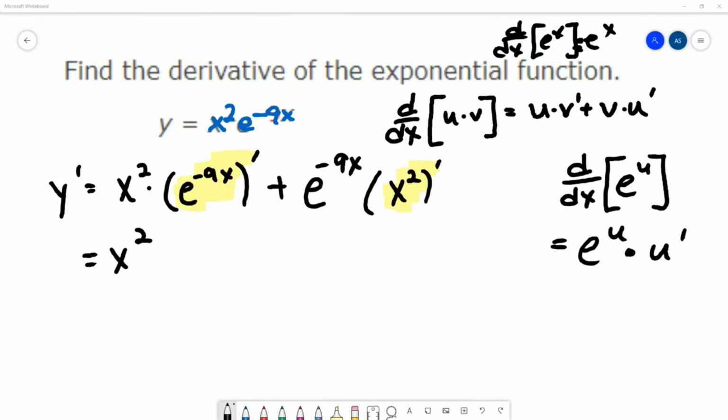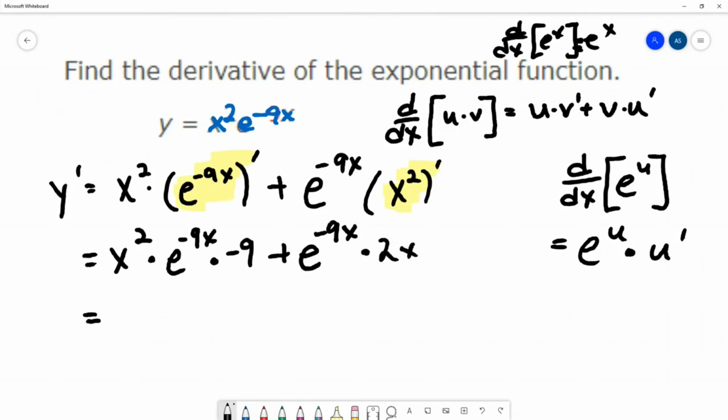So if I'm doing the derivative of e to the negative 9x, that's e to the negative 9x times the derivative of negative 9x, which is negative 9. I need to calculate the derivative of x squared, that's 2x.